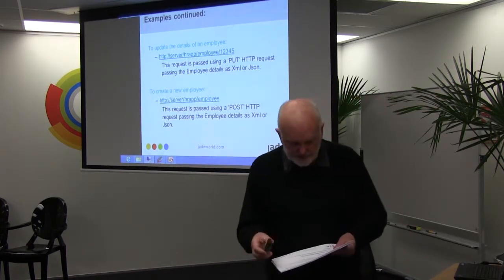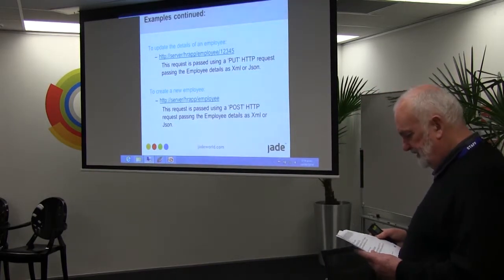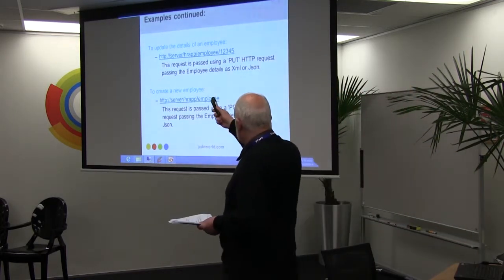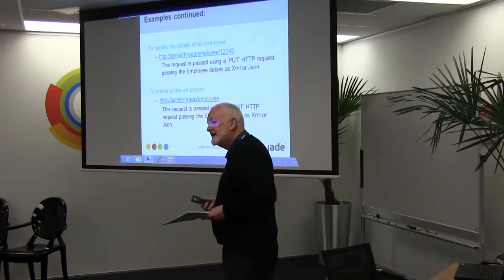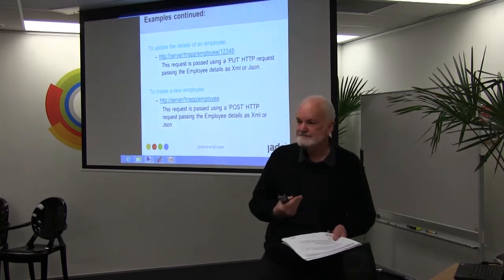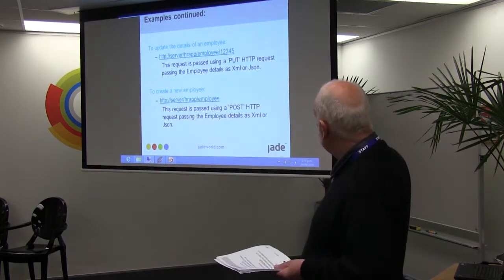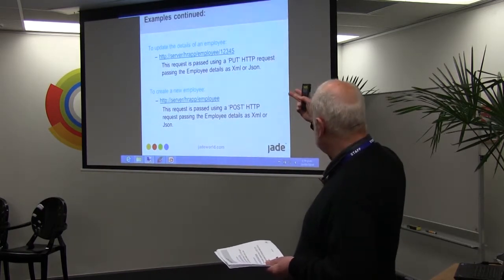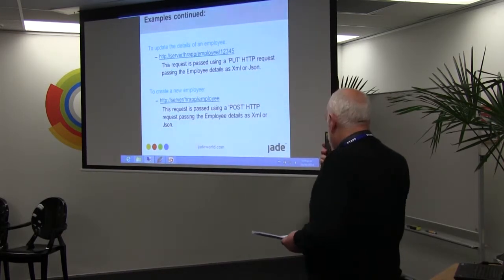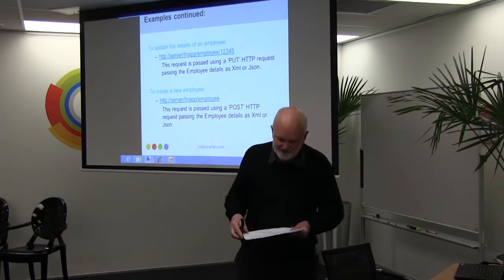So if you send it through with a put, you're saying that not only do you send the URI, but you're also attaching a set of XML or JSON definition that describes that employee, which is actually going to update the existing employee 12345. Create then is exactly the same, except you're doing it with a post. So one day I'll remember which way around they are.